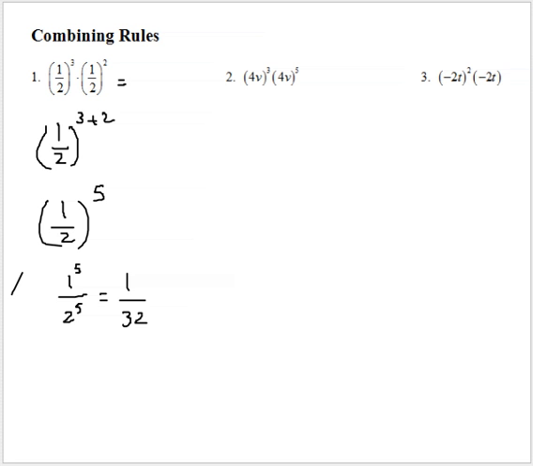You see how we have the rule that we looked at, a to the power of n times a to the power of m. Sandra, can you tell me what this is equal to? A to the power of what? If the bases are the same, what do you do with the exponents?